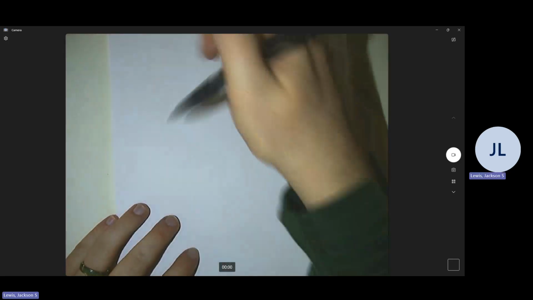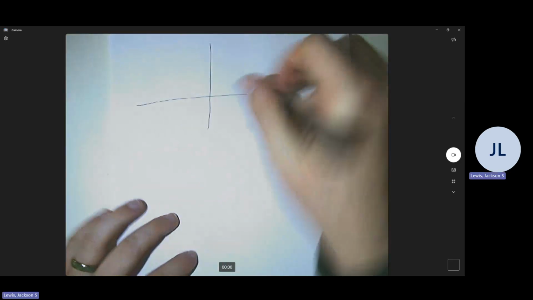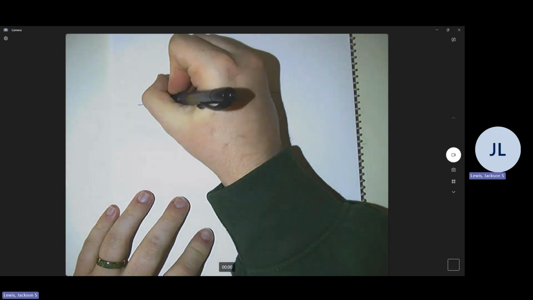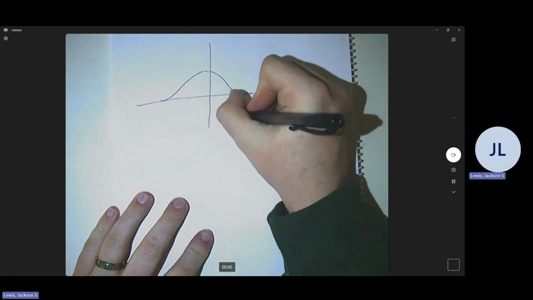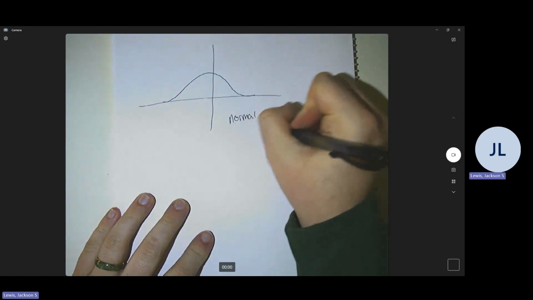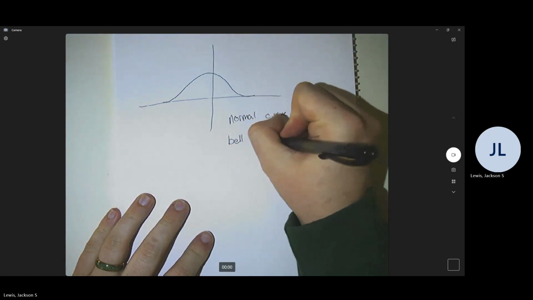Right. One common thing that's seen in statistics sometimes, I'll grab out a piece of paper, is the distribution of probabilities spread out over something. A common probability distribution is called the normal curve. This is also known as the bell curve.